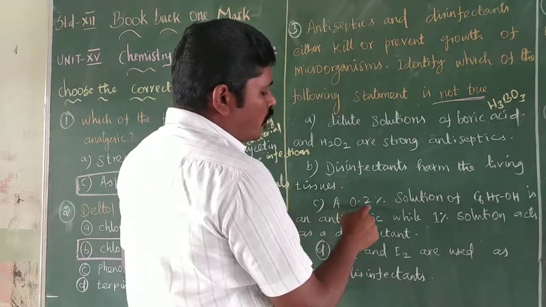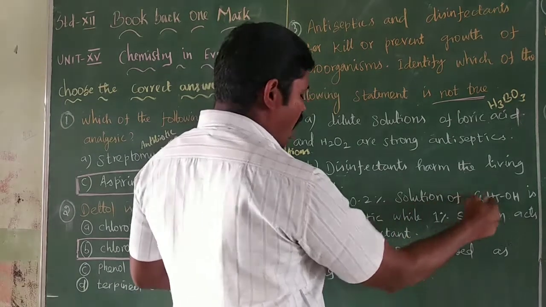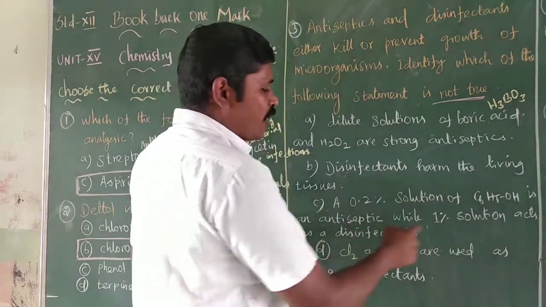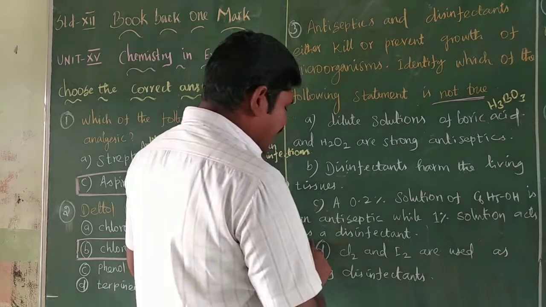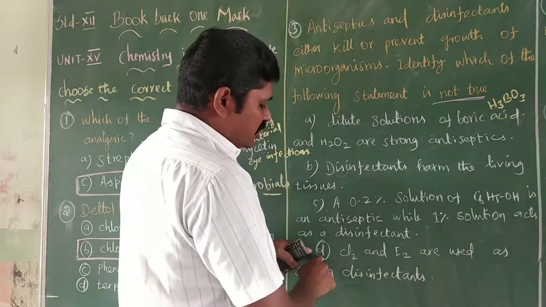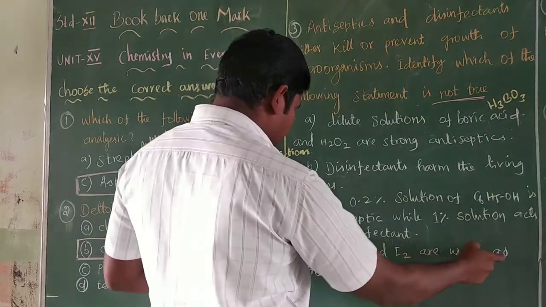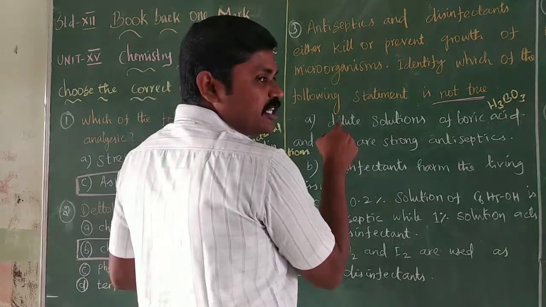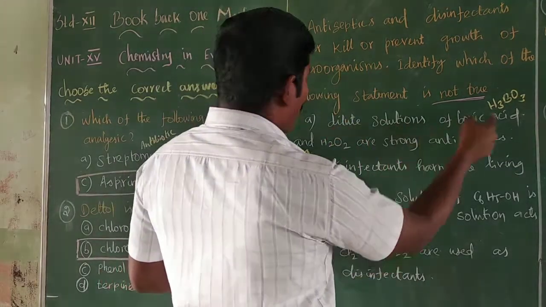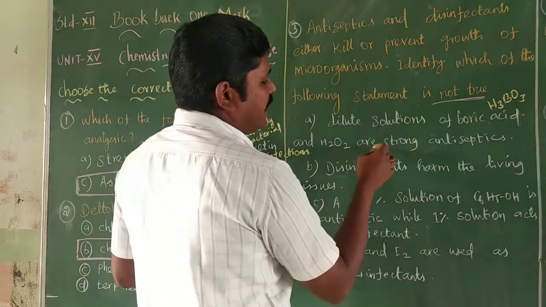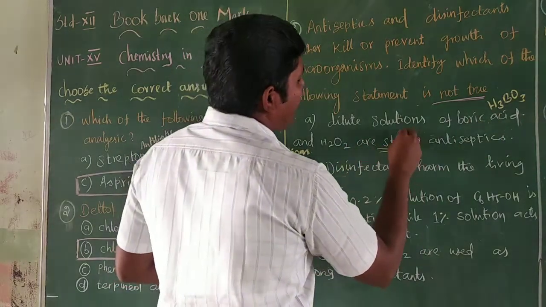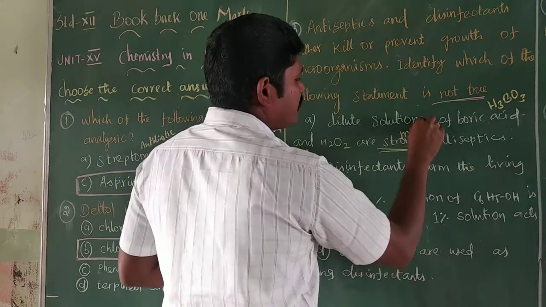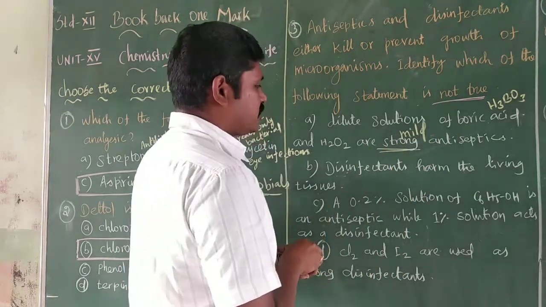Option C, 0.2% solution of phenol is an antiseptic and 1% solution acts as a disinfectant. Option D, chlorine and iodine are used as strong disinfectants. Okay. The dilute solution of boric acid and hydrogen peroxide are mild antiseptics, right?